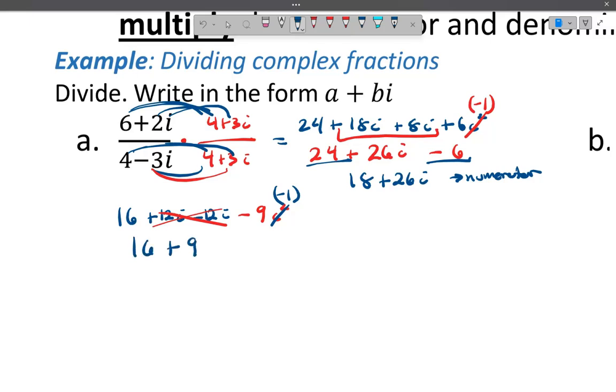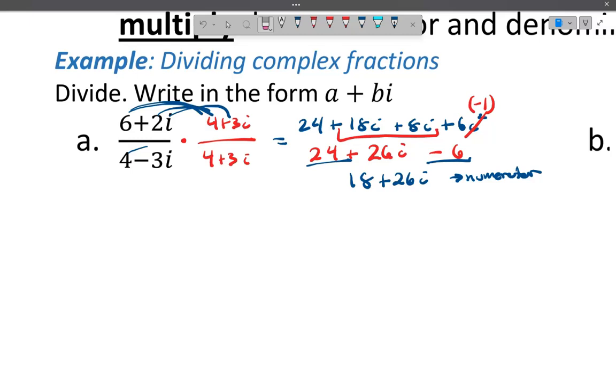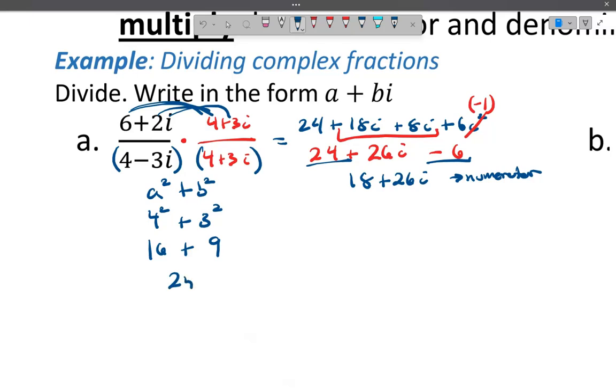Let's see how our shortcut could have gotten us the same value with a little bit less work. Because these are complex conjugates, we know that these are going to behave in a very specific way. We know that the product of complex conjugates is a squared plus b squared, where a is 4 and b is 3. So we have 16 plus 9. So we get the same result because we understand the pattern within the complex conjugates, giving us a denominator of 25.